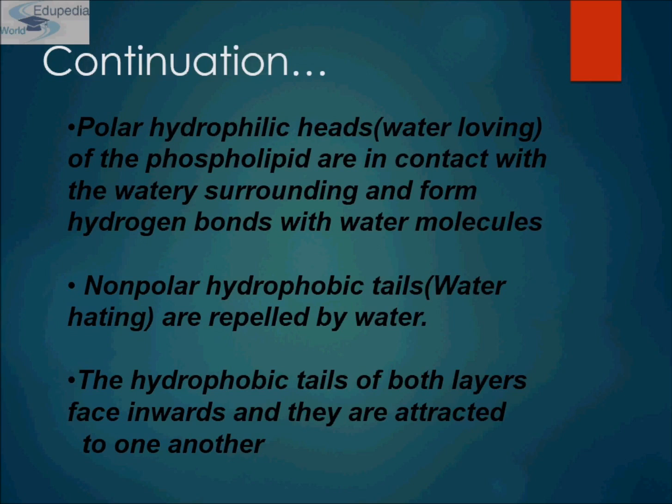Now we will discuss the phospholipid and membrane protein in detail. So phospholipids are a structural framework of plasma membrane. Phospholipids are made up of a glycerol backbone with a hydrophilic head region containing a phosphate group and a hydrophobic tail region containing a saturated fatty acid and an unsaturated fatty acid too.